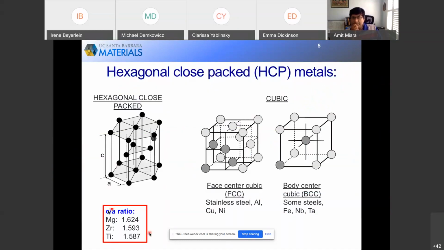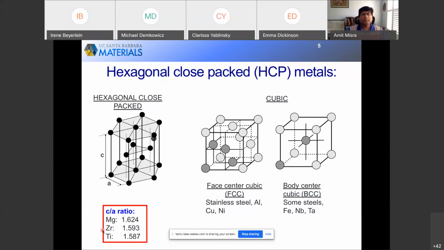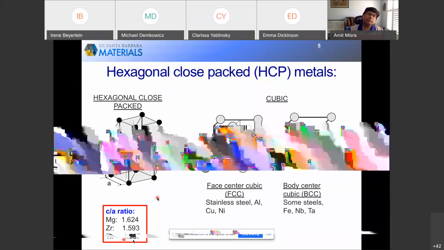Some examples of common structural metals in their pure form: magnesium about 1.6, titanium 1.6 as well. They're all about 1.6, but that means this is a low symmetry arrangement of atoms.